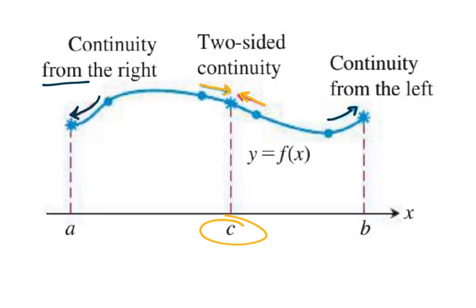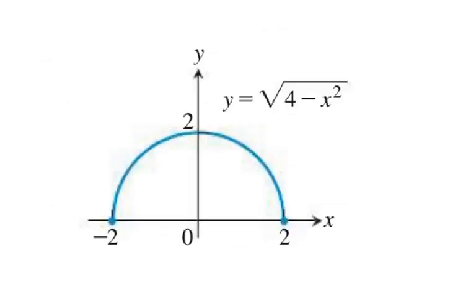And a function doesn't have to go to the left and right forever to be continuous. It can be continuous over its defined domain. So here we have a graph that we've looked at recently in a previous video. It's the top half of a circle, radius 2, and it is continuous over its domain.